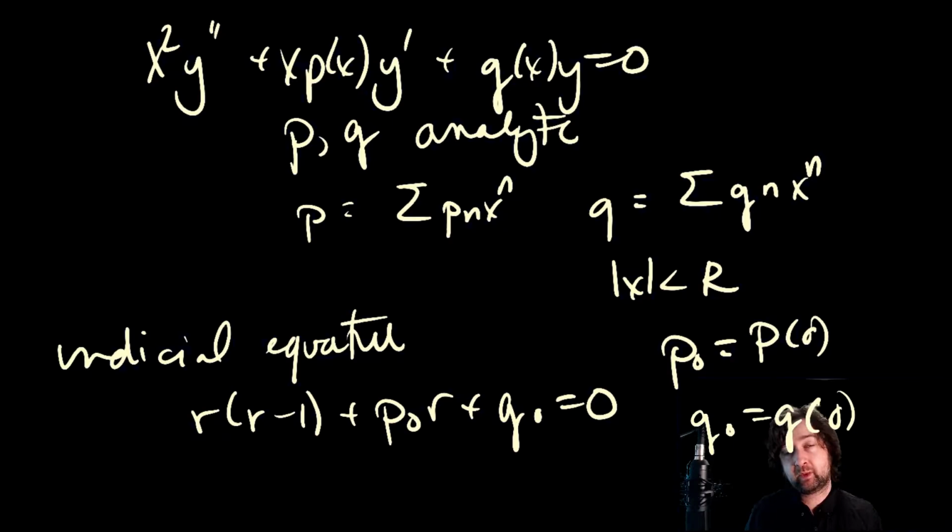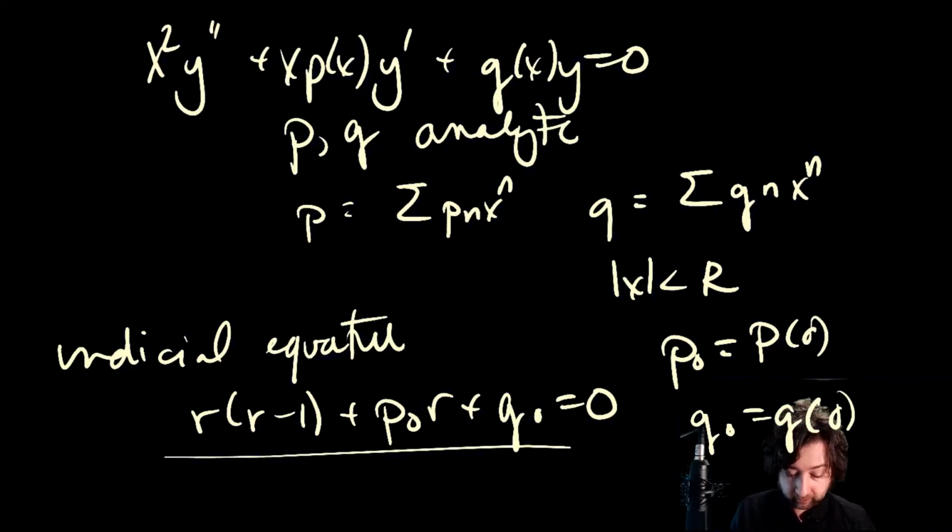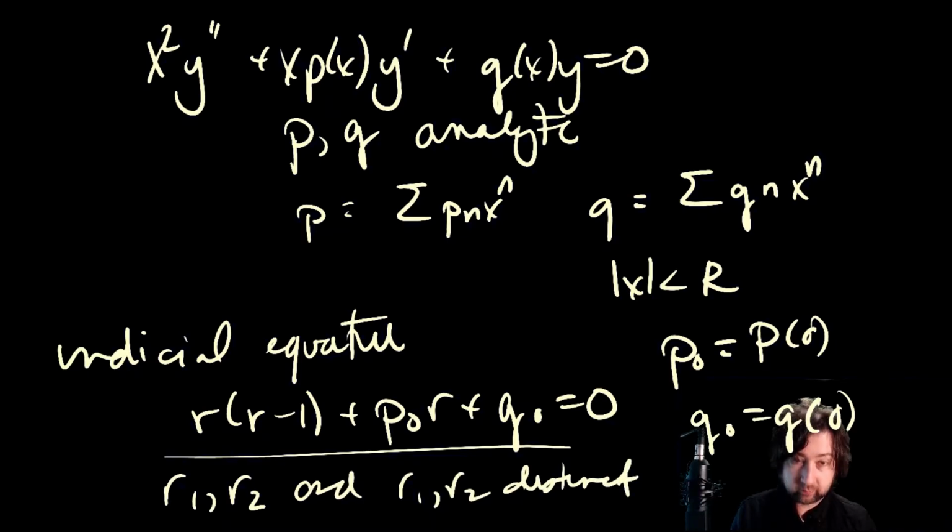In the previous section, what we assumed was that the values r1 and r2 that came out of the quadratic were distinct and didn't differ by an integer. So the case that we've already covered is that the solutions are r1 and r2, r1 and r2 are distinct, and r1 is not equal to r2 plus some positive integer n.